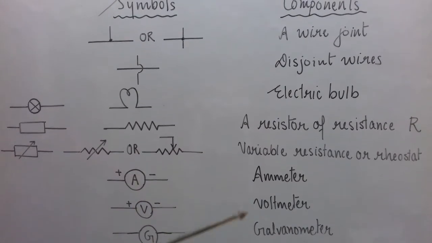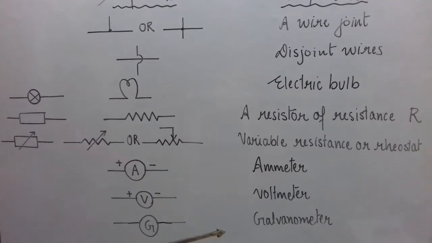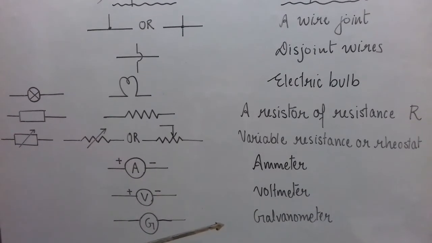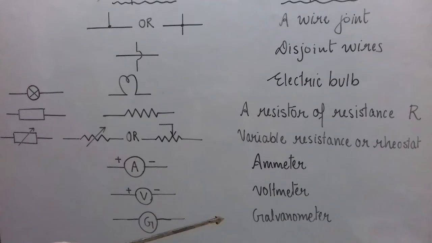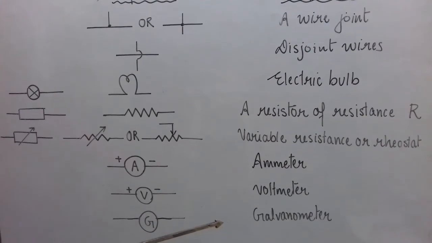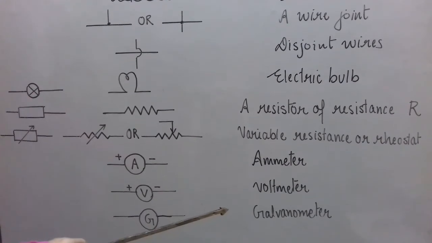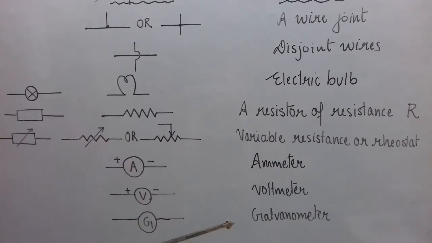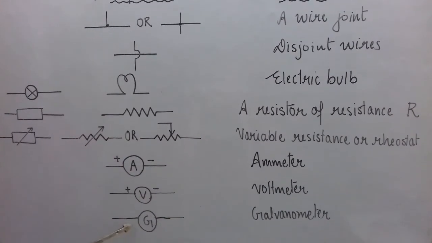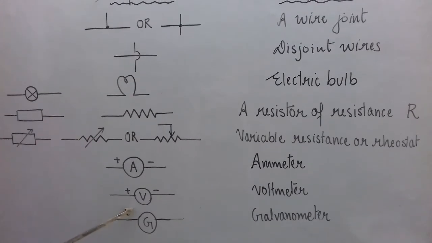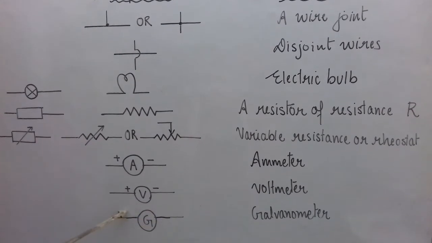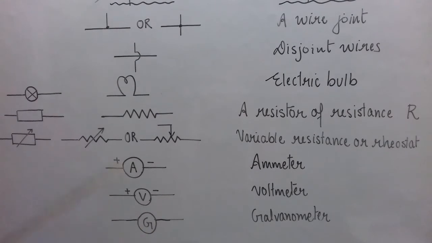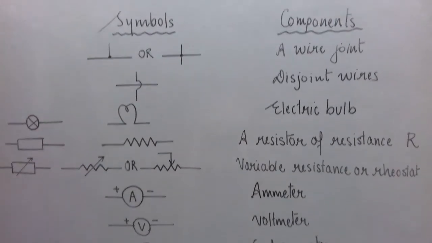So galvanometer is a device used to detect small current in the circuit, which cannot be measured by an ammeter. This is the symbol for galvanometer, but see here there is no positive and negative sign. I hope these symbols are clear to you.